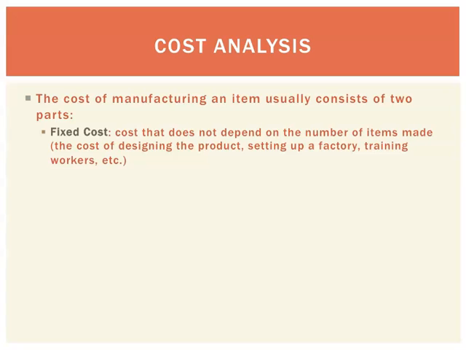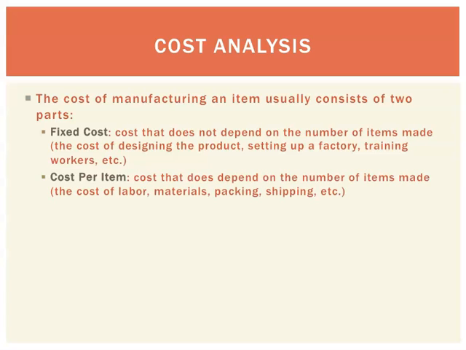It doesn't depend on how many items you make. Then you have the cost per item. So cost that does depend on the number of items made. So this could be the cost of labor, right? The more items you make, the more labor is going to cost you. The more items you make, the more materials you'll have to use, so that is a cost per item. Packing, shipping, those are also examples where the cost of packing and shipping will depend on how many items are made.